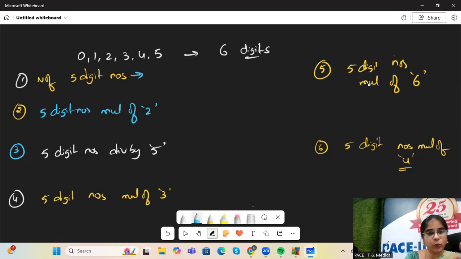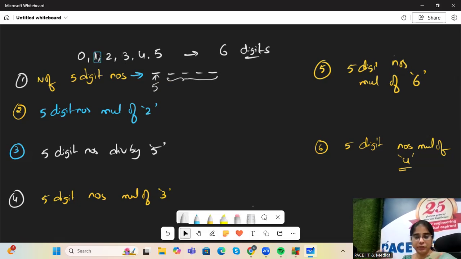Now coming to the total number of 5-digit numbers. See, observe very carefully what I am doing. 1, 2, 3, 4, 5 places is what I have to fill. Now tell me, can I fill the first place with 0? No, I cannot have a 0 there. So my first place is occupied by the remaining 5 digits only. I've got 5 options to fill there. Now, how about the remaining 4 places? I am left with 5 digits now.